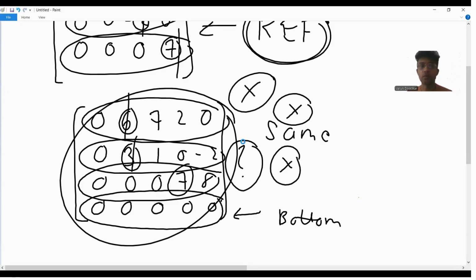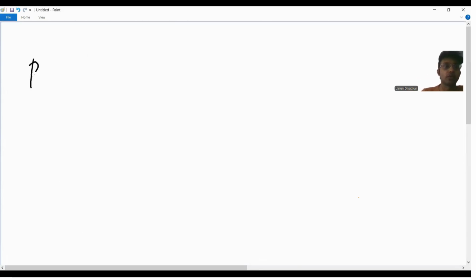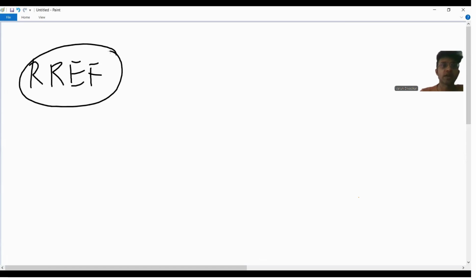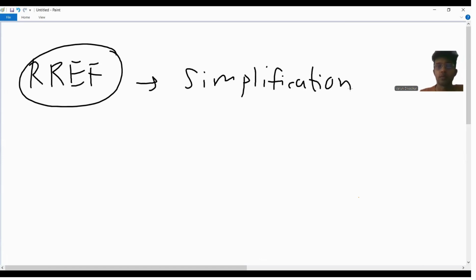And now the second one, which is a reduced row echelon form, is a slight modification, in fact, a slight simplification of the row echelon form, where obviously all the prerequisites of the REF are also valid for the reduced row echelon form. But then there are a couple more conditions.